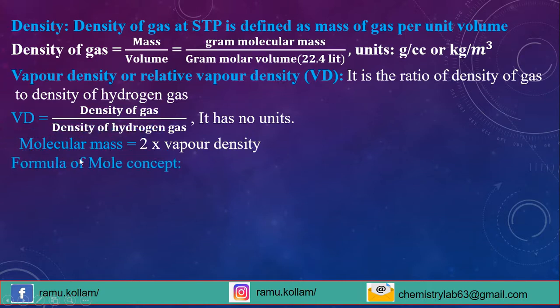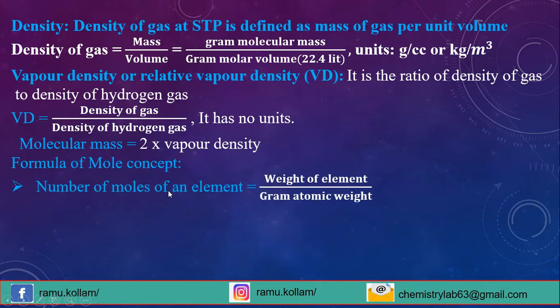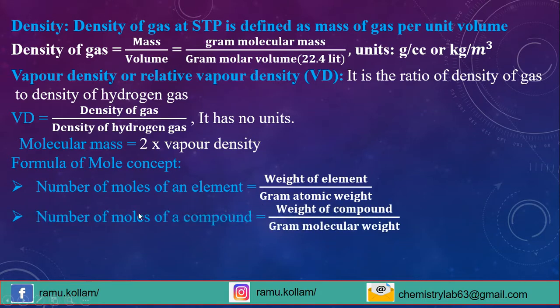And formulas of mole concept. What are the simple formulas? Here the number of moles of an element is equal to the weight of the element by gram atomic weight. Similarly, the number of moles of a compound is equal to the weight of the compound by gram molecular weight.